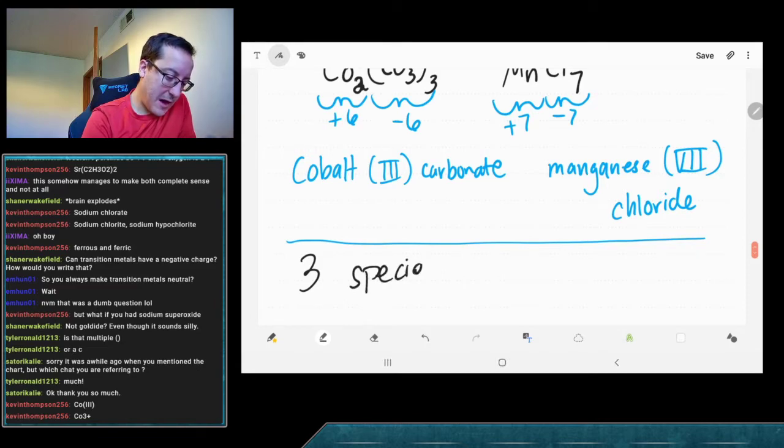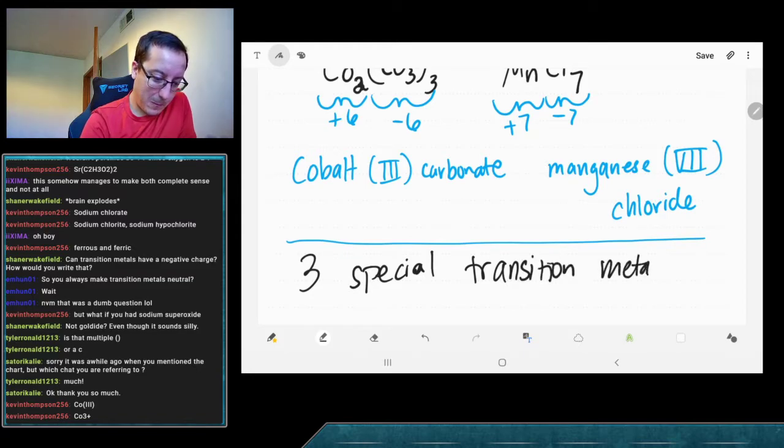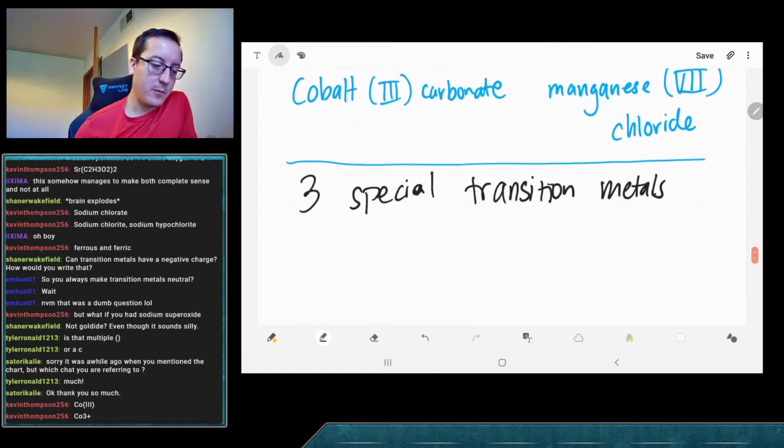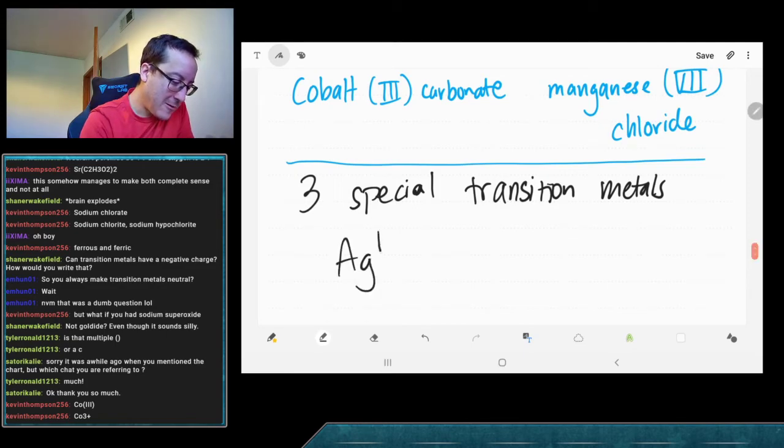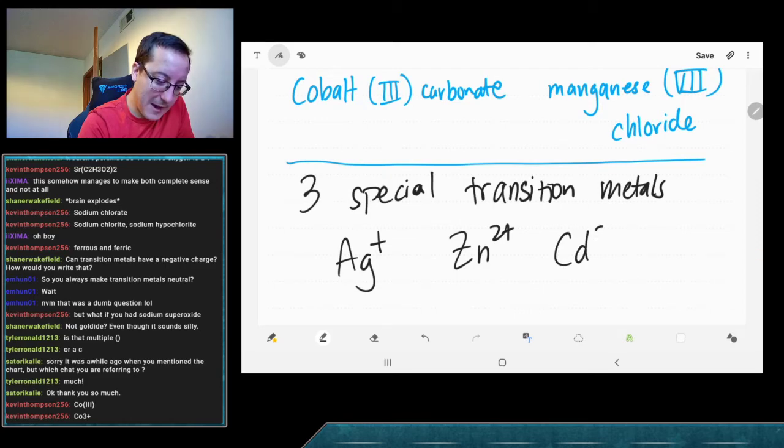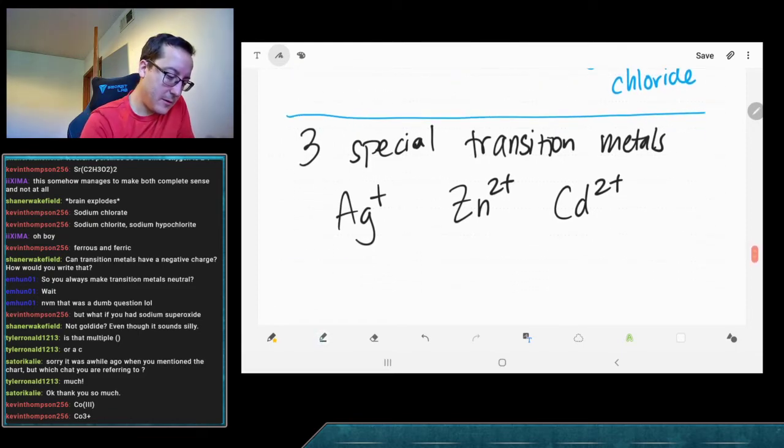We do have 3 special transition metals, which we may not even call transition metals, but we're going to call them transition metals. Silver, zinc, and cadmium. These 3 have fixed charges.